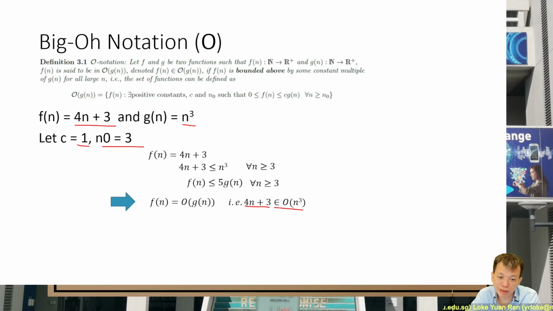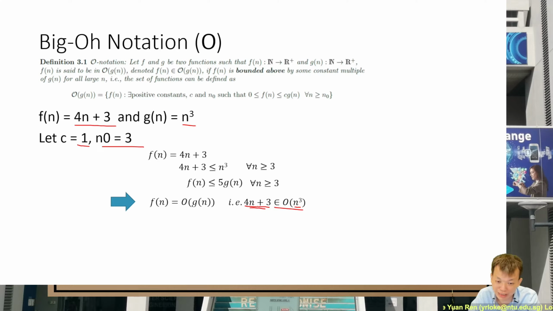Because the growth rate of this one is definitely lower than n cubed. Intuitively, you don't really need to prove it. But if you want to be a proper mathematician, you should follow the definition and prove it, so that if it fulfills this definition, I can make this conclusion. But intuitively, you look at it: one is a linear function, one is a cubic function.